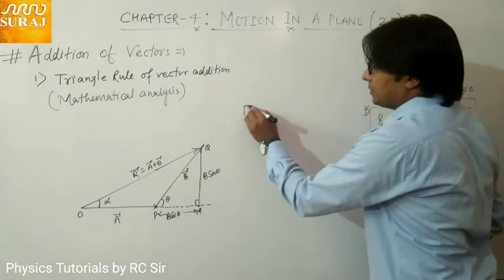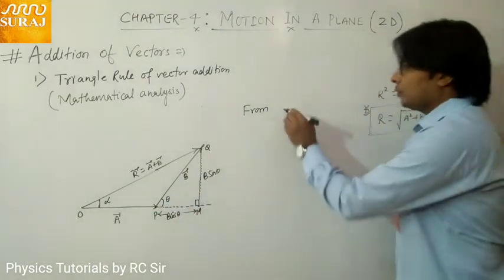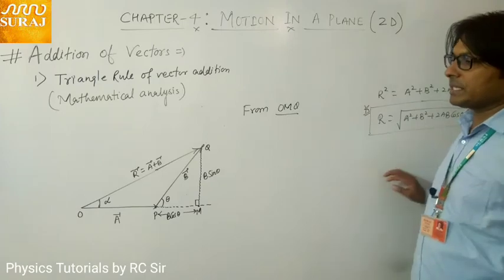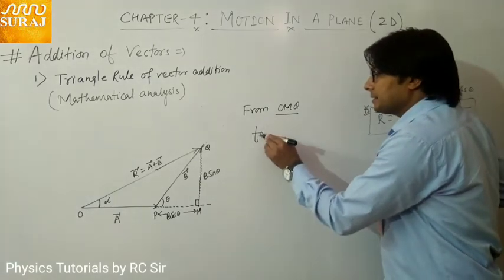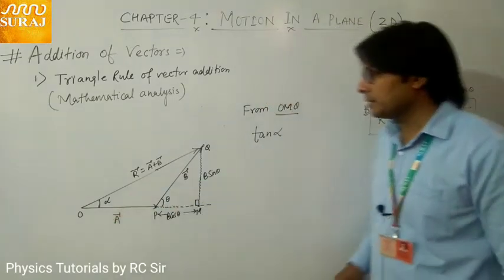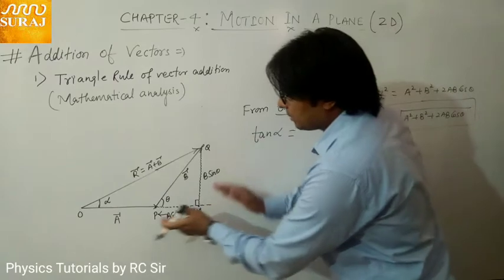So from triangle OMQ, if I ask you what is tan alpha, where alpha is this angle, you will say tan alpha is nothing but perpendicular upon base.